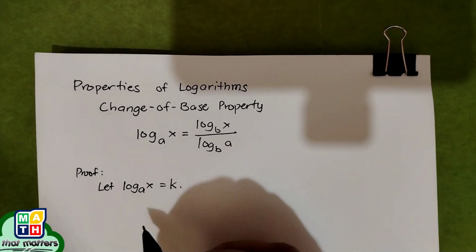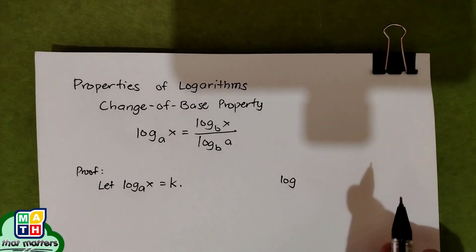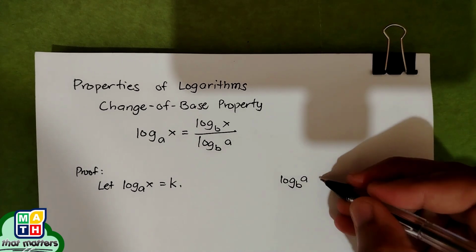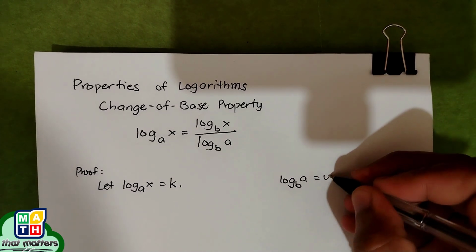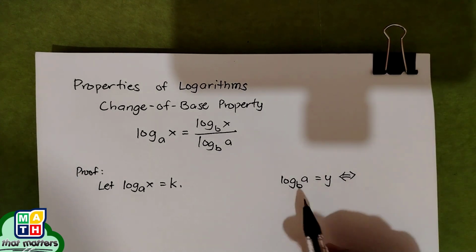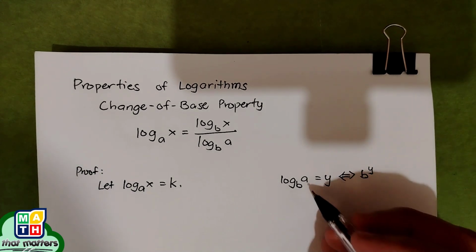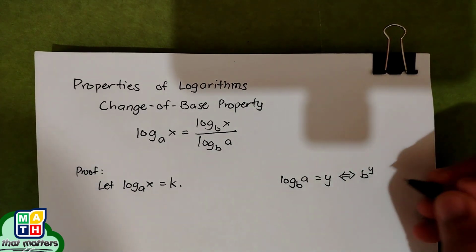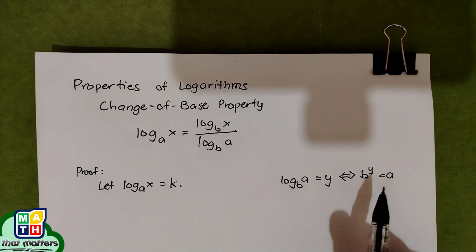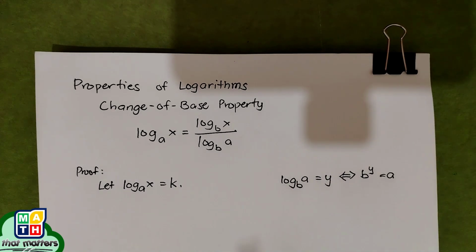Now, take note that we have the transformation of a logarithmic equation into an exponential equation in this manner. The logarithm of a to the base b is equal to, let's say, y. We can transform this into an exponential equation with base b, y as our exponent, and a, the coefficient of your logarithm, as its equivalent. So this works both ways, from exponential to logarithmic and vice versa.